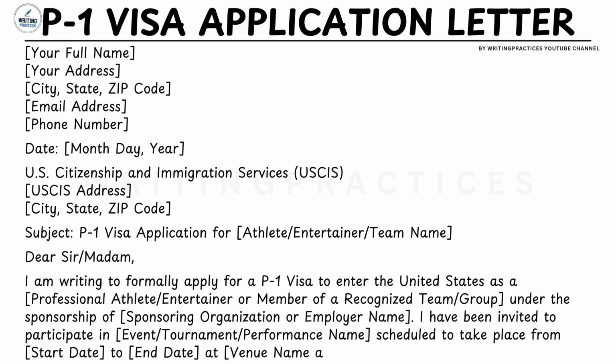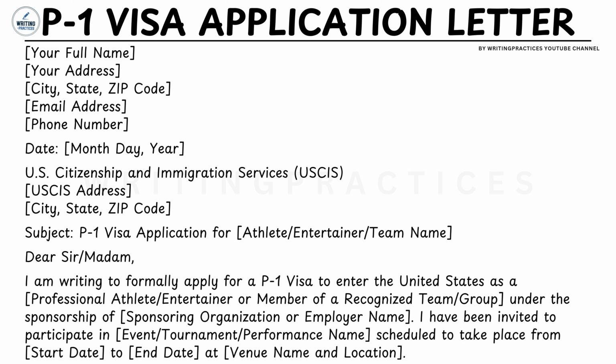I have been invited to participate in event or tournament or performance name scheduled to take place from start date to end date at venue name and location. This paragraph immediately provides USCIS with key details, such as your visa type, reason for travel, event details, and sponsorship.